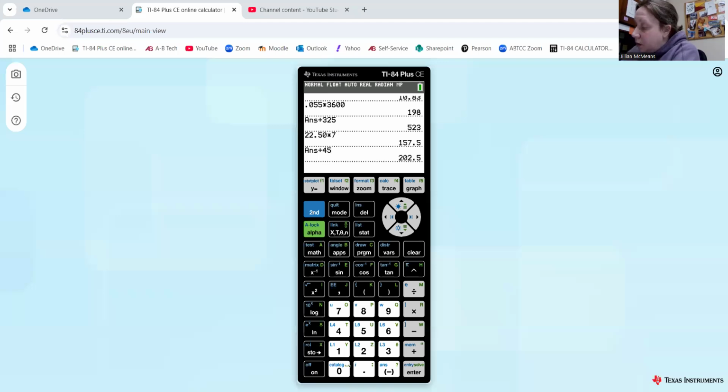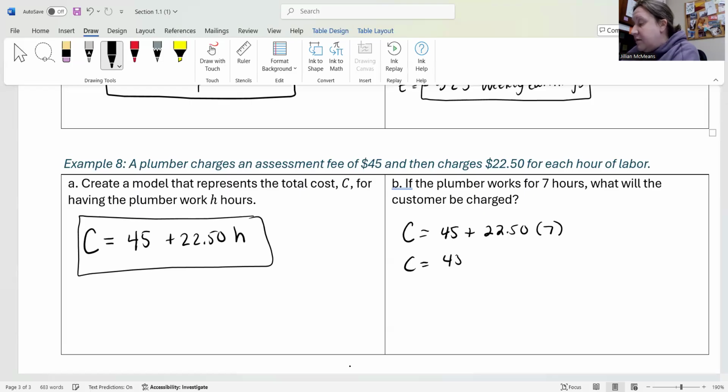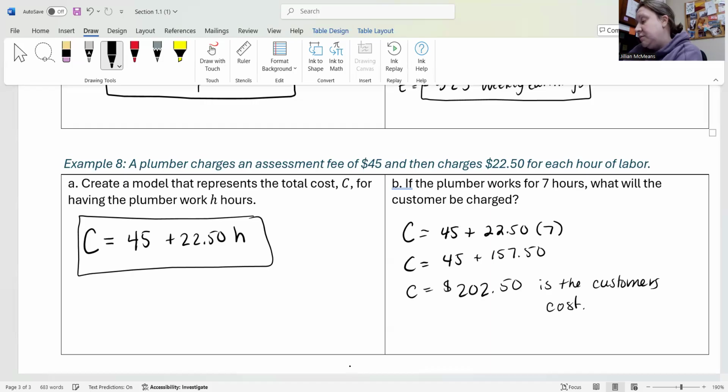So we had 45 as the assessment fee, $157.50 was the labor cost, and total, the customer is going to get charged $202.50 is the customer's cost.